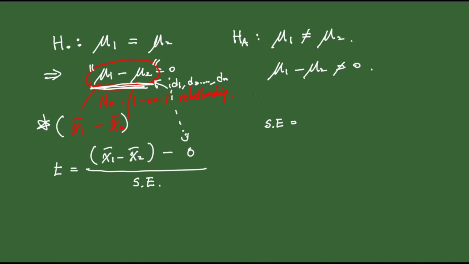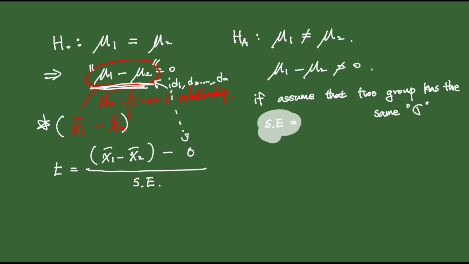If we assume that the two groups have the same sigma, then this standard error can be calculated by a complicated formula, which is like this.